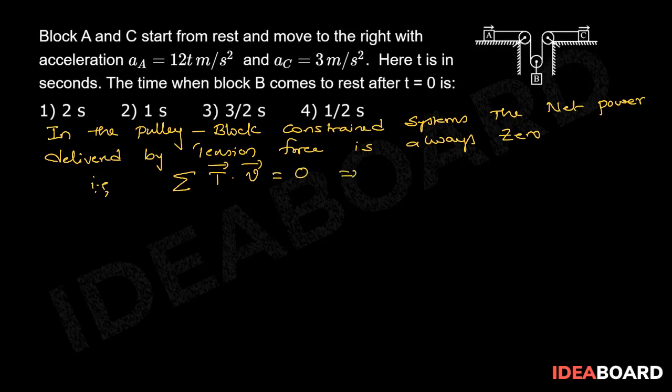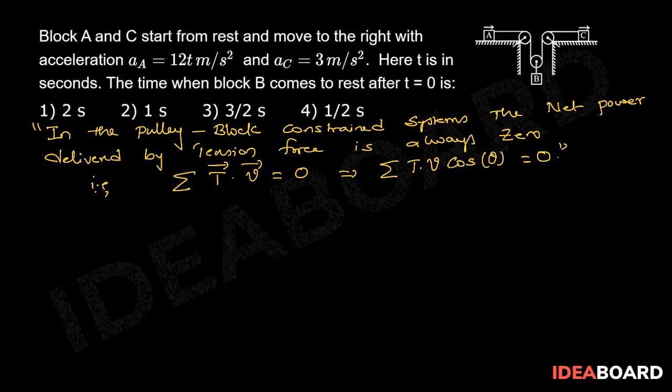This can also be written as sigma magnitude of tension multiplied by magnitude of velocity multiplied by cos of the angle between tension and velocity is equal to 0. Now let us solve this problem by using this statement.